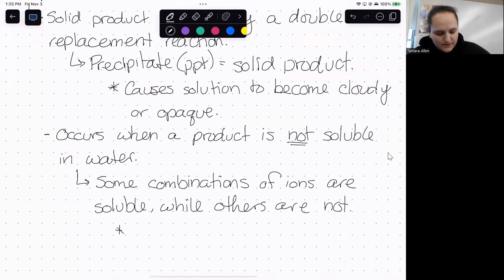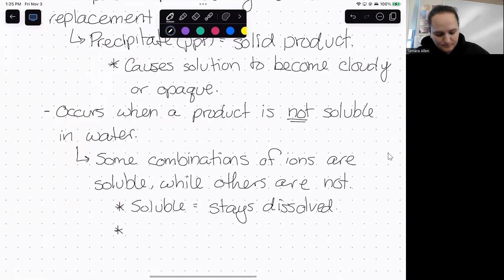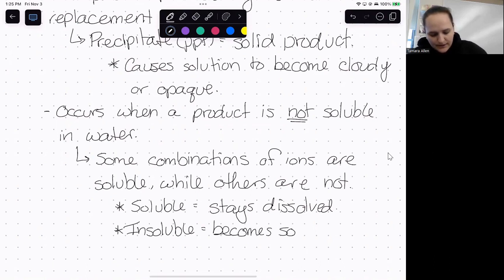Anything that is soluble will stay dissolved. When you're doing a double replacement reaction, you are generally starting out with soluble substances dissolved in solution. If your products are also soluble, everything stays dissolved and your solution stays clear. If something is insoluble, that means it can't stay dissolved, so it's going to turn into a solid, which we call the precipitate.